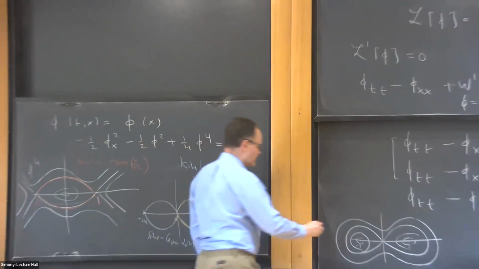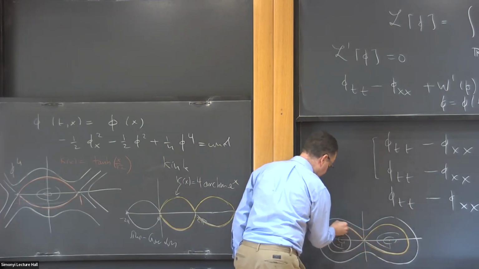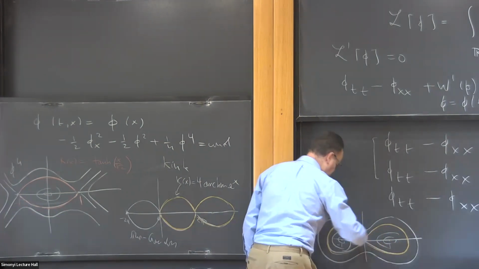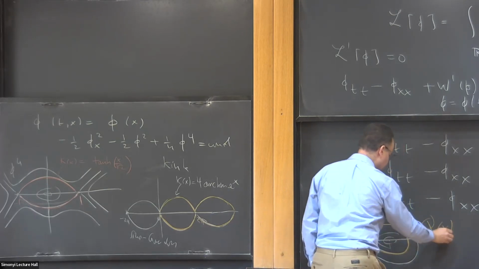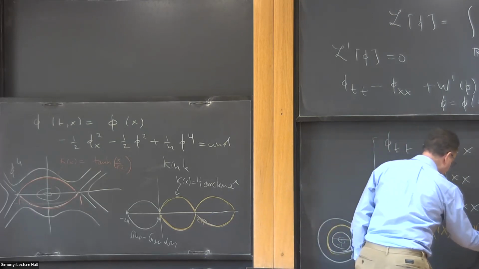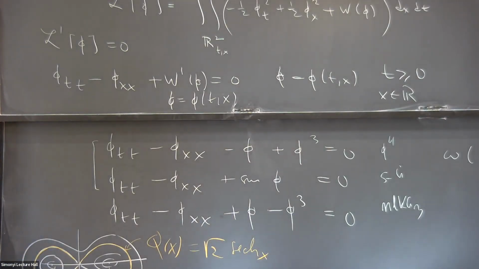And here we have the homoclinic orbit. And there too, we have explicit formulas. And here we don't write K. The tradition is to write Q, and this is root 2 sech x.